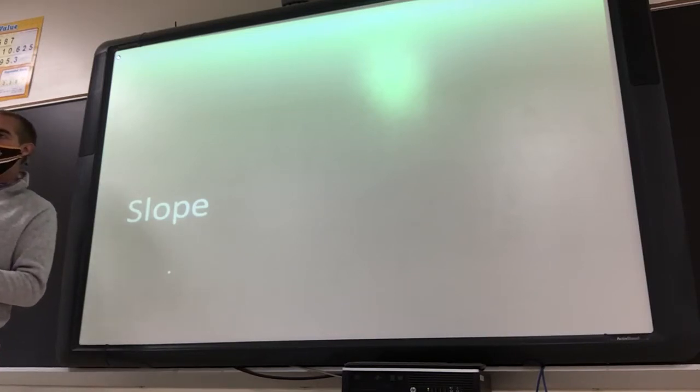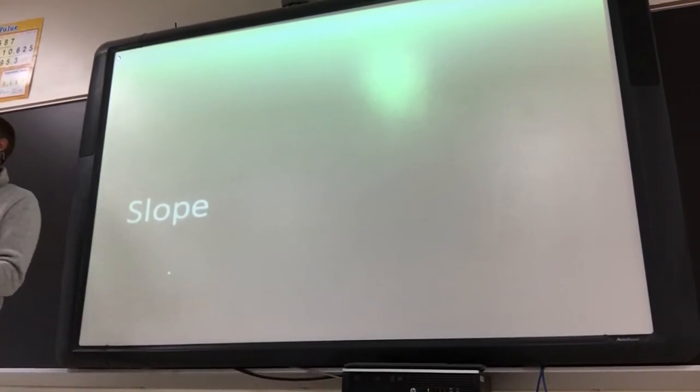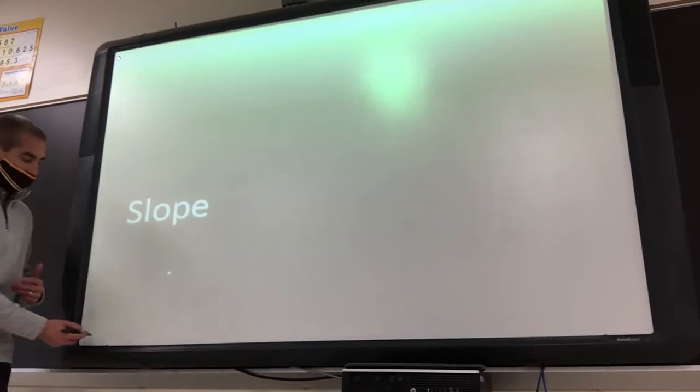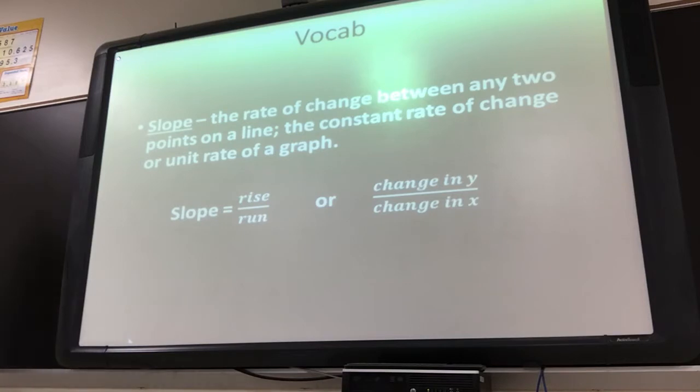It's going up or down. It's some kind of increase or decrease. And so you think about every line that we graph has a slope because it's going up or it's going down. So the slope is a number. The slope is a number. And so it's a rate of change, and we write it as a fraction between any 2 points on a line.